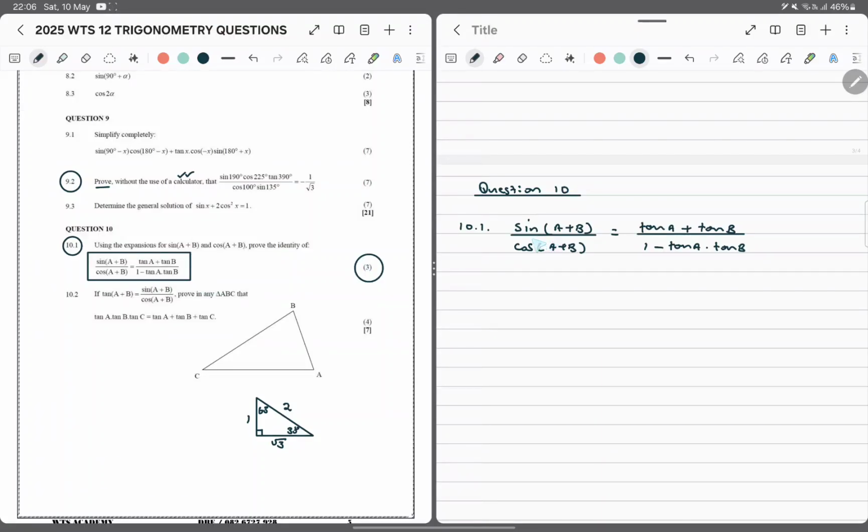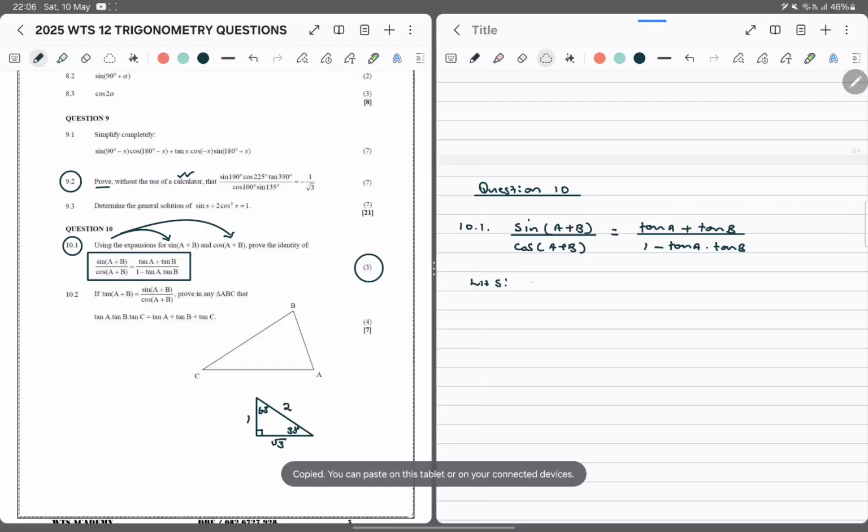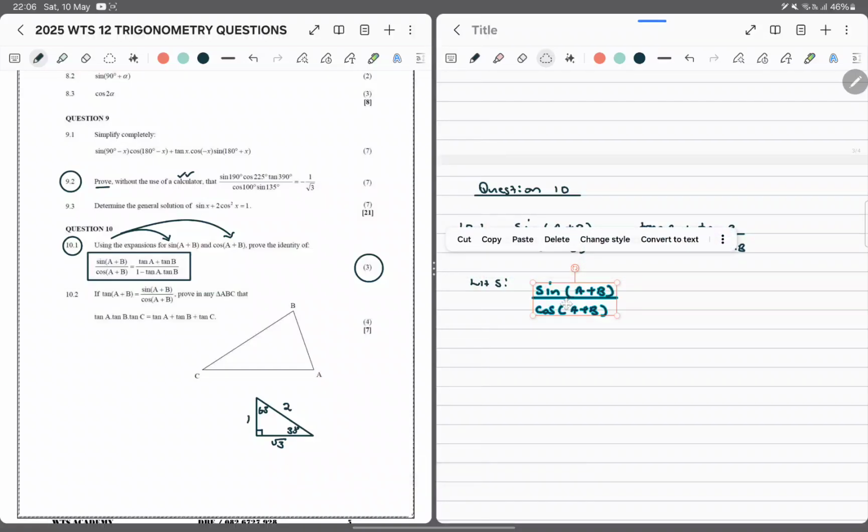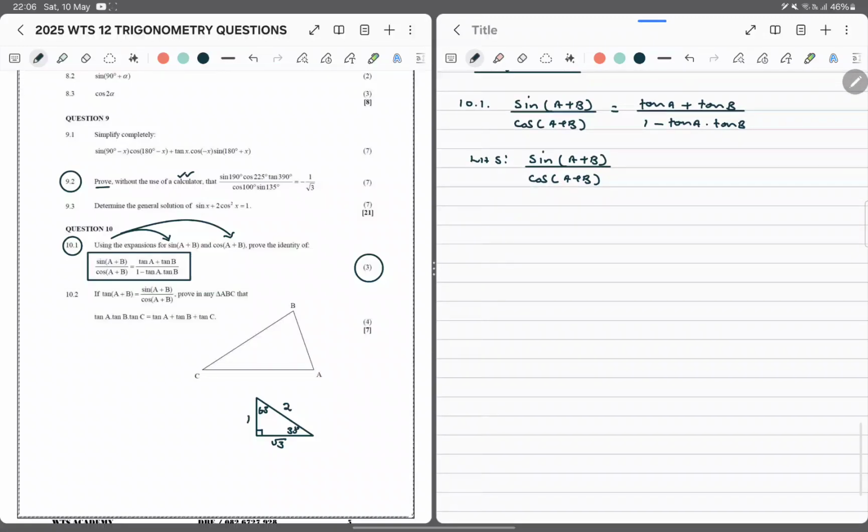Of course, we want to take the left hand side because we are already told what to do. We are told to use these expressions, so we cannot come to the right hand side and reduce it to the left hand side. So we need to choose the left hand side. For you, more writing. For me, less. We're using the technology. Now let's see.